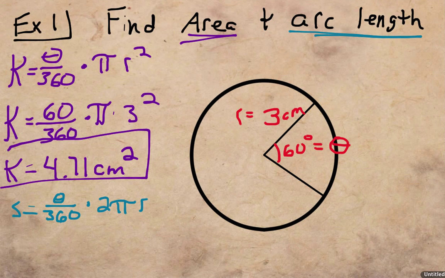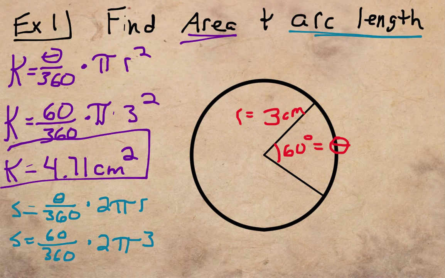If you actually use pi, it's going to be a little bit larger than using just 3.14, obviously. Okay, so I'll go ahead and punch it in. So we got 60 over 360 times 2 pi times my radius is 3. Let's plug that in real quick.